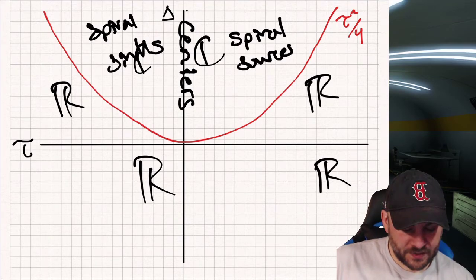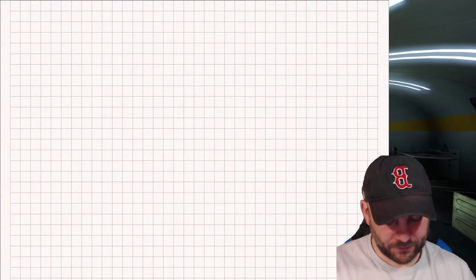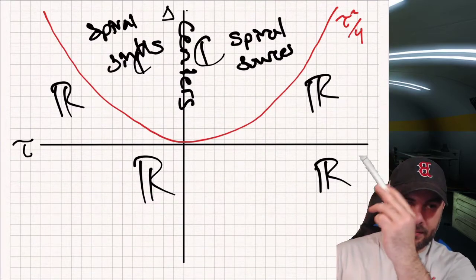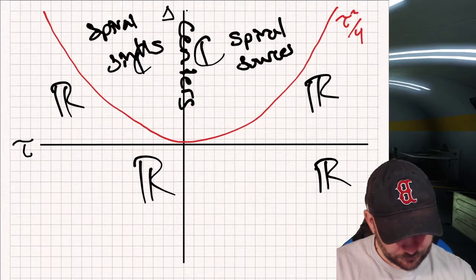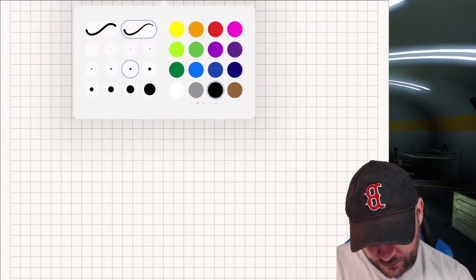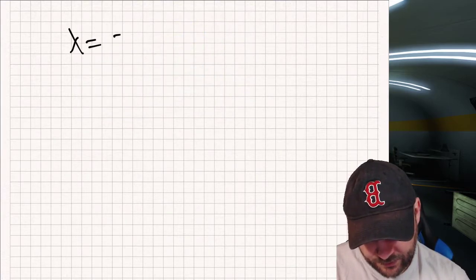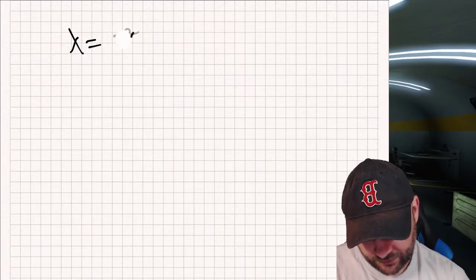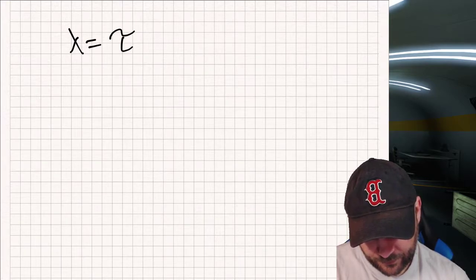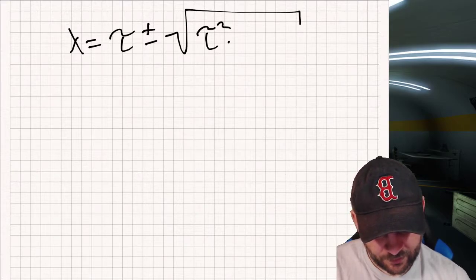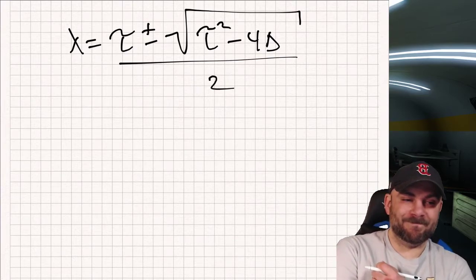Okay. The next bit is a little bit more tricky, because I want to handle the case of all these real regions underneath the red line. So lambda equals negative tau plus or minus the square root of tau squared minus 4 delta, all over 2.